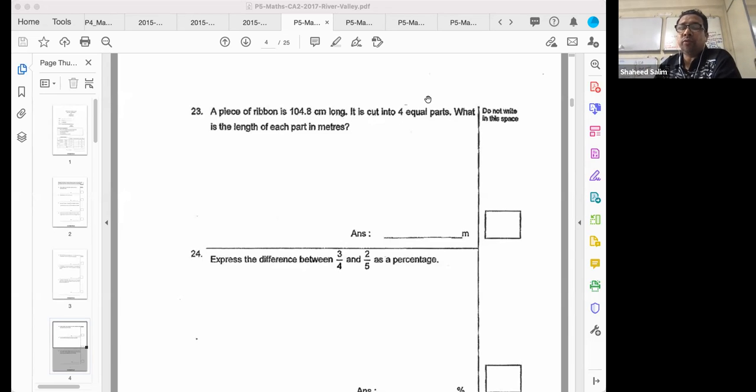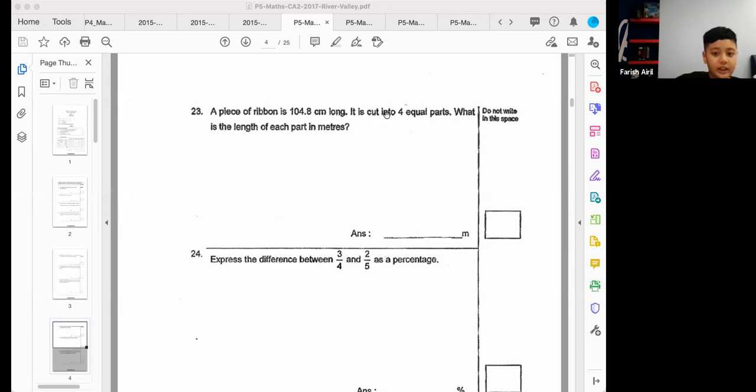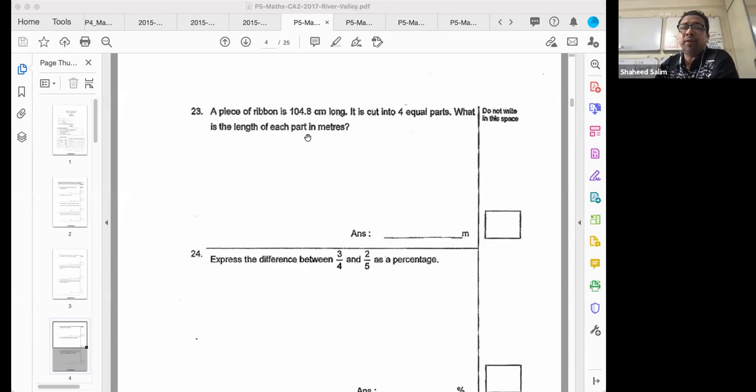This ribbon is divided into 4 equal parts. Well, they ask in meters. Yeah, this okay. Then later divide your answer by 100. From cm, you do in cm first. Later on, you convert to meters.